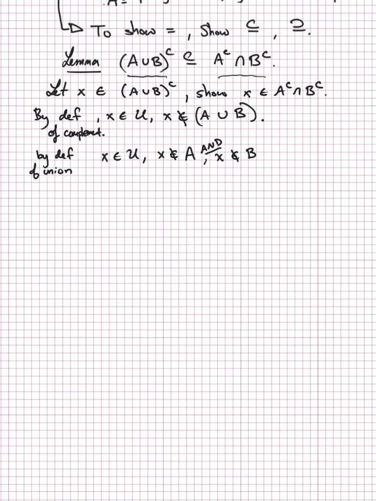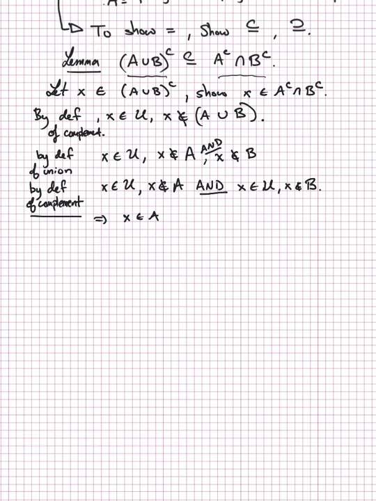So what does this mean? Again, by definition of complement, and I will stop writing this, and I'm very happy if you don't write it in your proofs, we have x is in U, x is not in A, and x is in U, x is not in B, and therefore x is in A complement and x is in B complement.